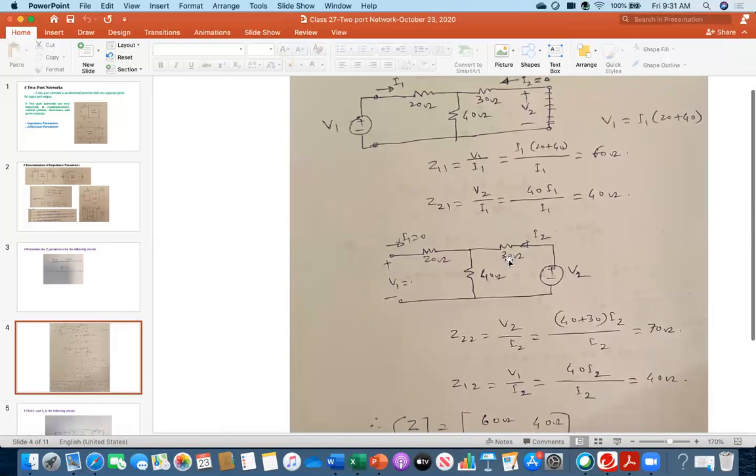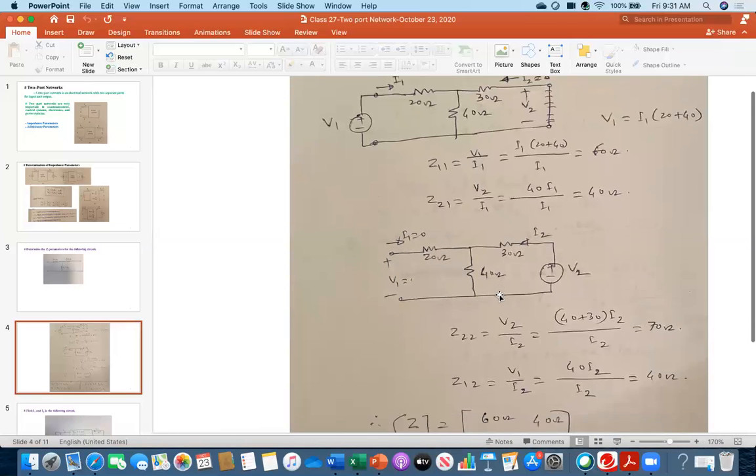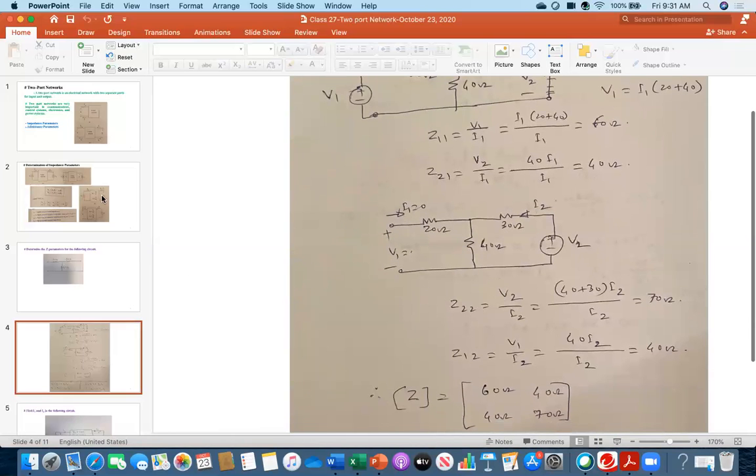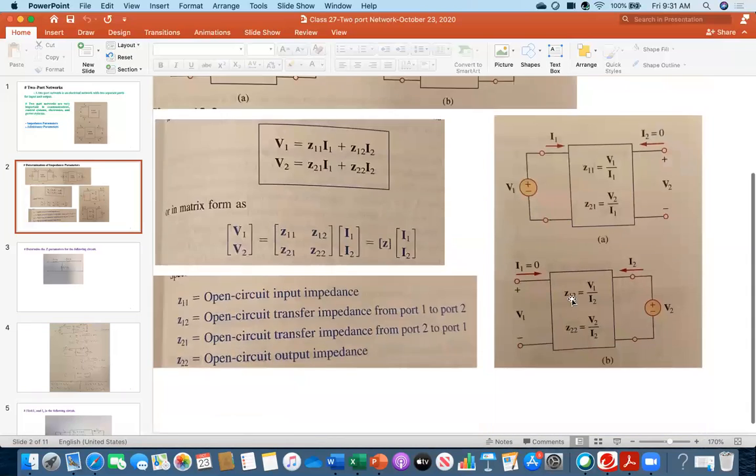Okay, now look at this one. Now I will be finding out the other two parameters, which are these two, G12 and G22, from the equations. This will be my technique. I will keep the left port open, but I will apply the source on the right side.